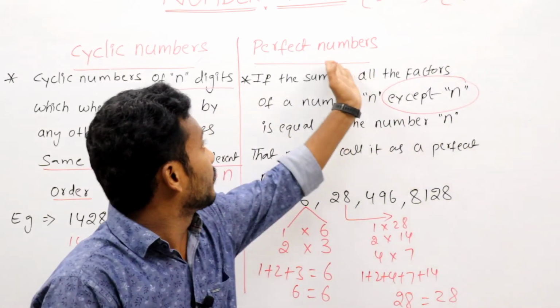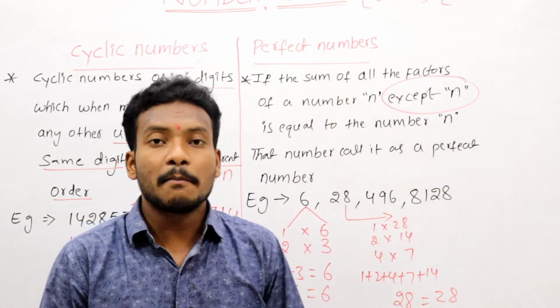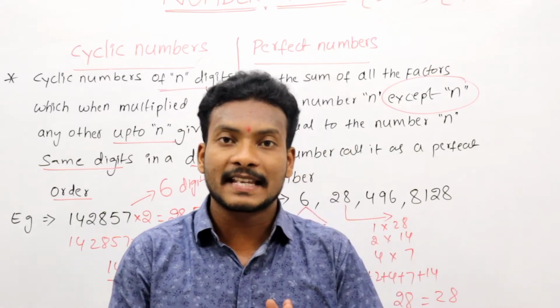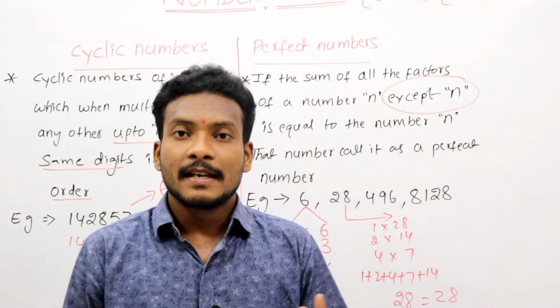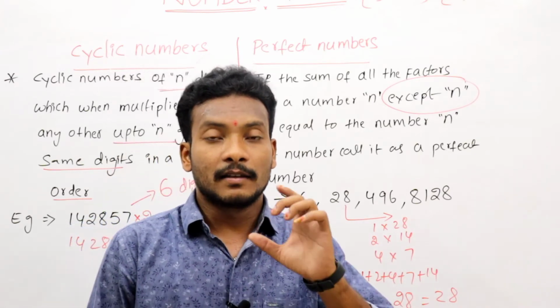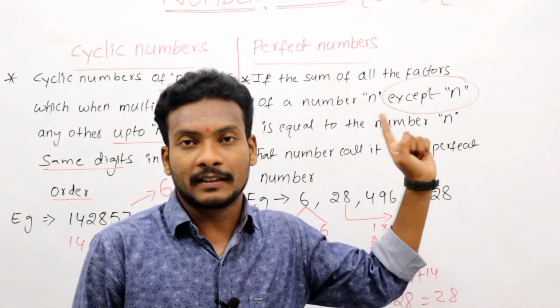Now what about a perfect number? The sum of all factors of a number except the number itself is equal to the number itself. Those numbers are called perfect numbers.